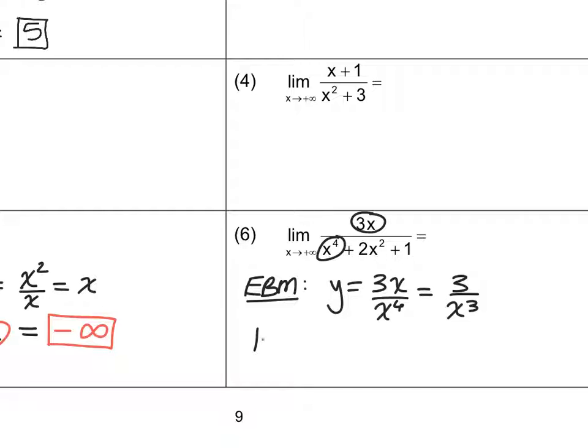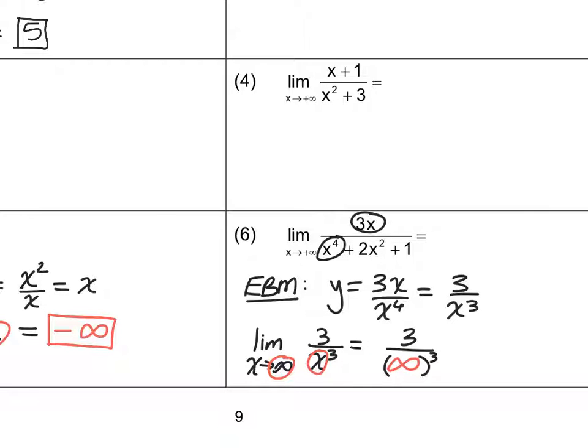So we're going to find the limit as x approaches infinity of 3 over x to the 3rd. Do some direct substitution. Spoiler, that's pretty much how we do it when x is approaching a constant, but more on that tomorrow. So 3 over infinity cubed.